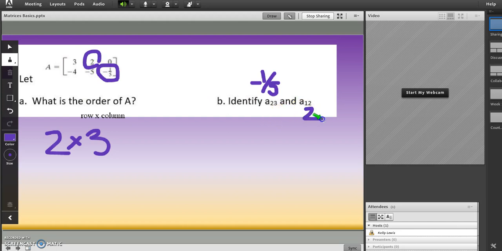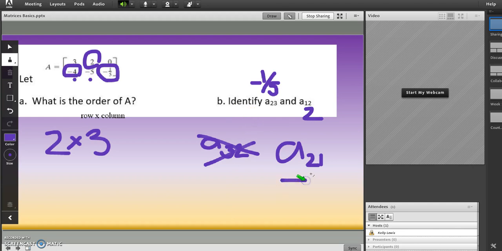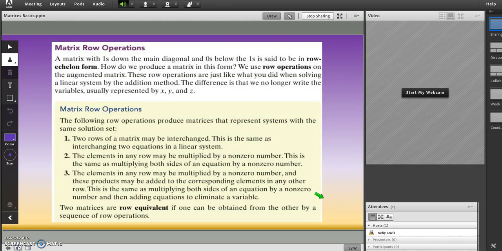So that's number 2. What about A32? Let's look at that. That would be the third row, second column. There's nothing there. It doesn't exist. What about A21? That would be second row, first element. So that would be -4. All right, so it's always row by column.